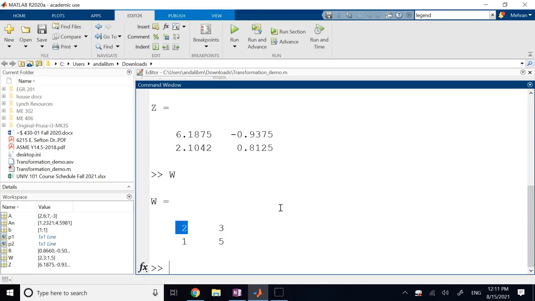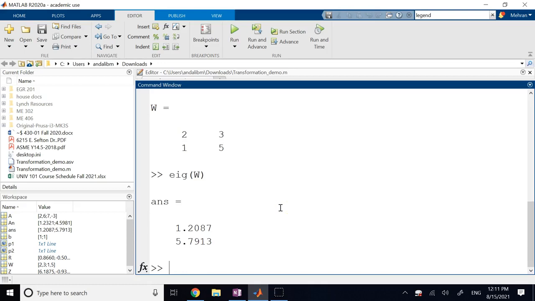But now if I run the command eigenvalue on W, it gives you these two numbers, 1.2087 and 579. And if I run it on Z, guess what? I get the same numbers, right? It's just reversed order, but definitely they are the same numbers. And if you look at the eigenvectors, they are the same, of course, as well, right?